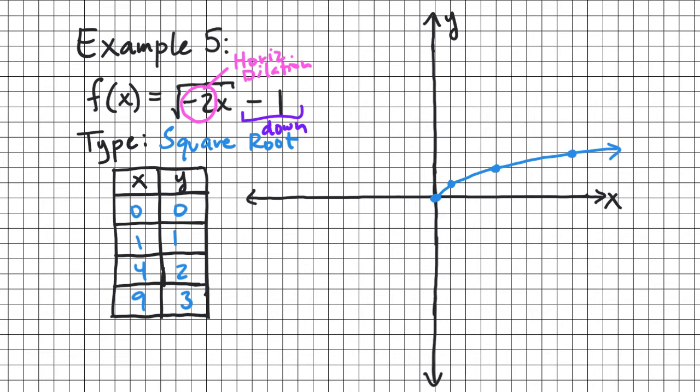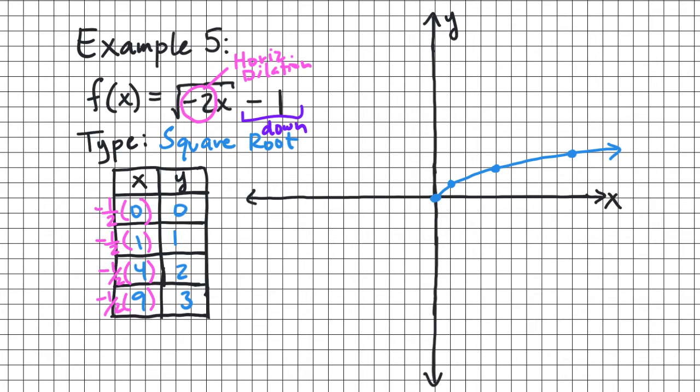So for the horizontal dilation, what's the opposite of multiplying by 2? Dividing by 2. But we're going to multiply all these by 1/2, or in other words, divide all these by negative 2, because the original one was negative. So we're going to multiply all these times negative 1/2.